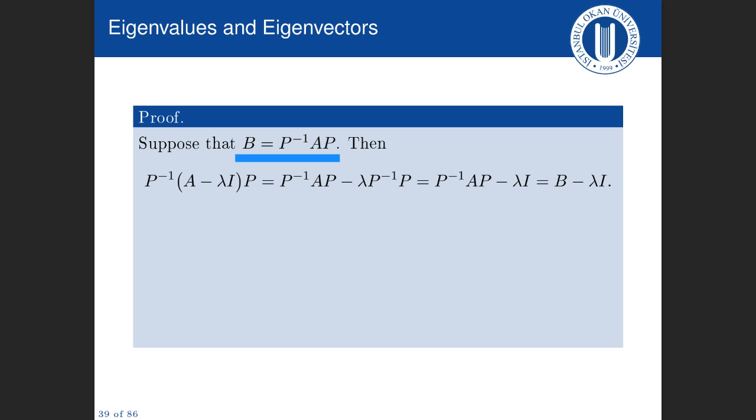And then I'm going to calculate P inverse (A minus lambda I) P. I get P inverse AP, okay. Lambda is a number, we can put that anywhere we want, so let's put that first. And then P inverse IP, or P inverse P, is just the identity. We just get B minus lambda I.